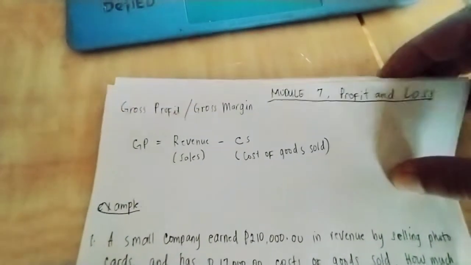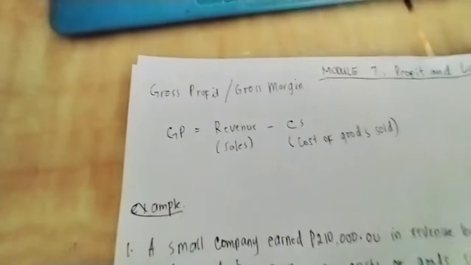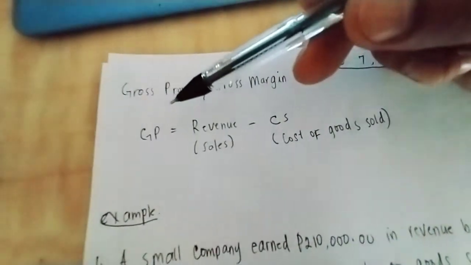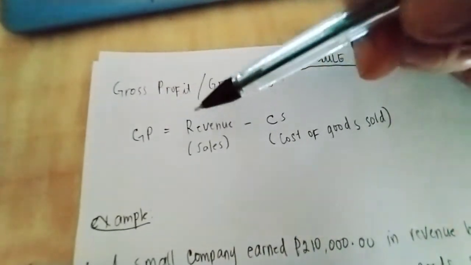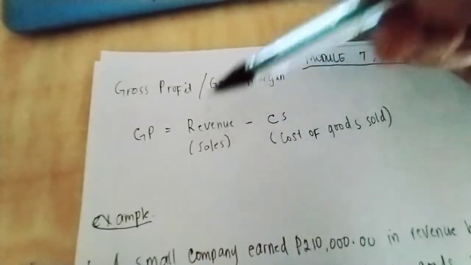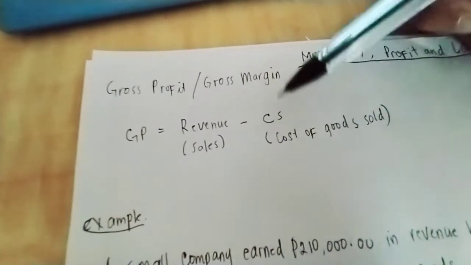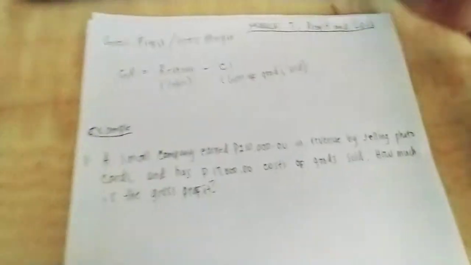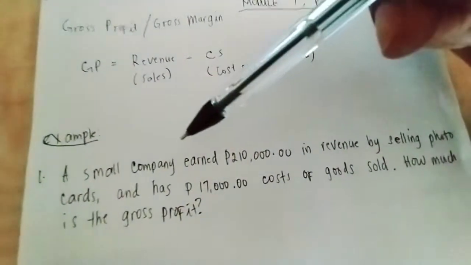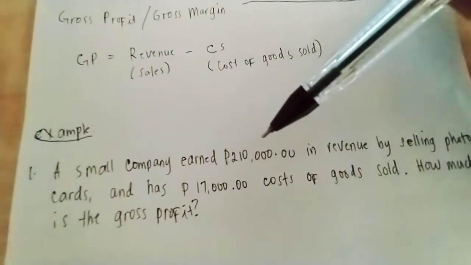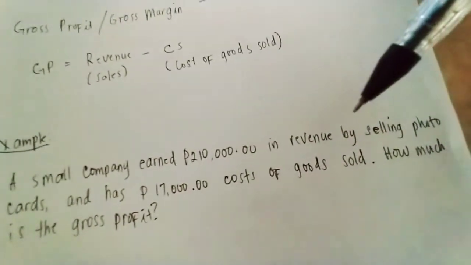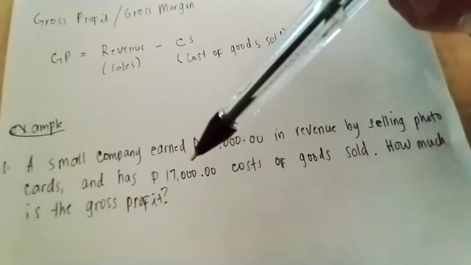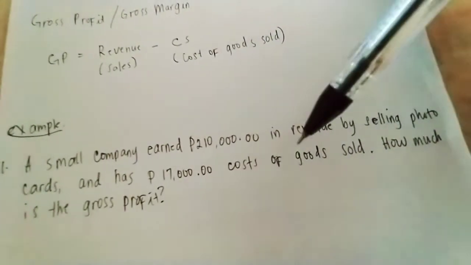Okay, so this is now the gross profit, which is also the gross margin. It is given by GP, or gross profit, equals revenue, yun nga yung sales natin, minus cost of goods sold, or COGS. Okay, so example, a small company earned 210,000 in revenue by selling photo cards and has 17,000 pesos cost of goods sold.